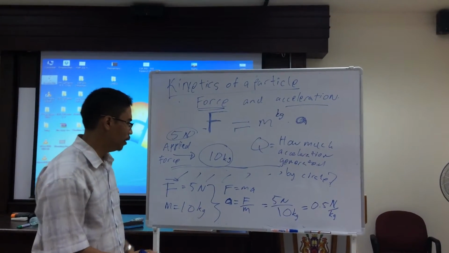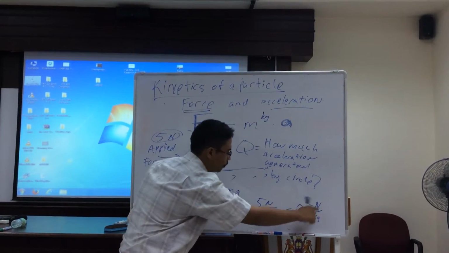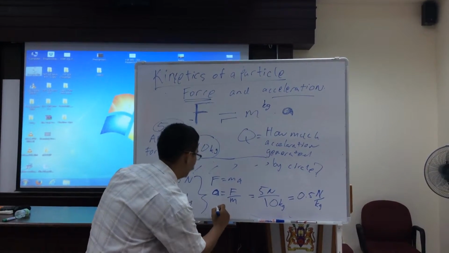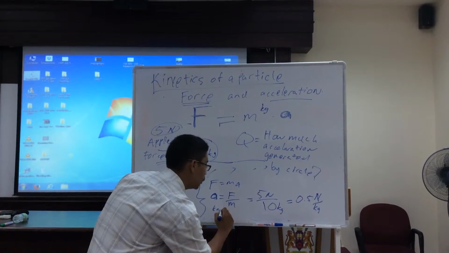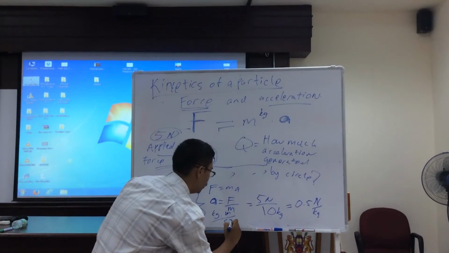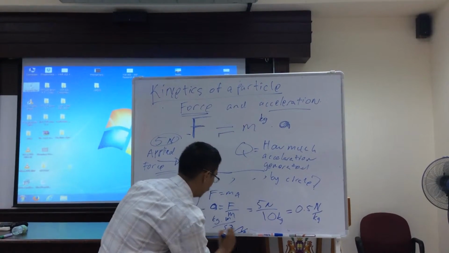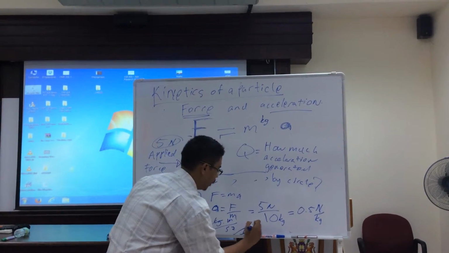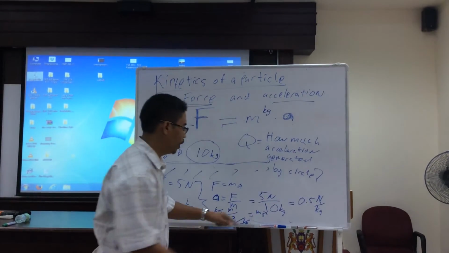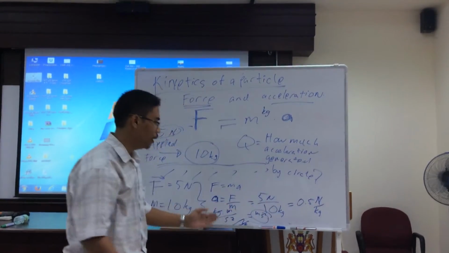To check your answer, you can always check the unit. Newton is kilogram meter per second squared, divided by kilogram, we can cancel that out, and it becomes meter per second squared. That is the unit for acceleration, and we got the acceleration there, right?